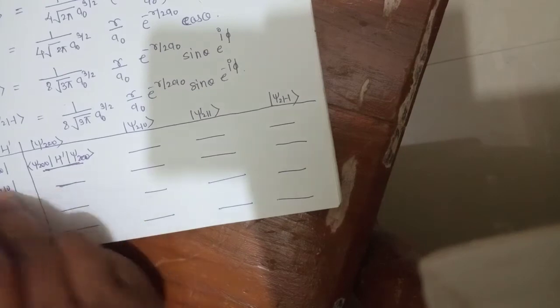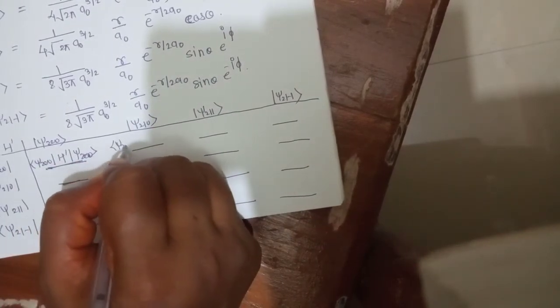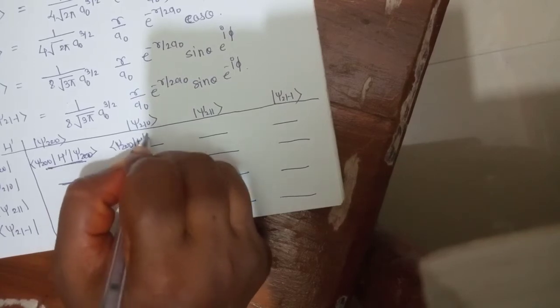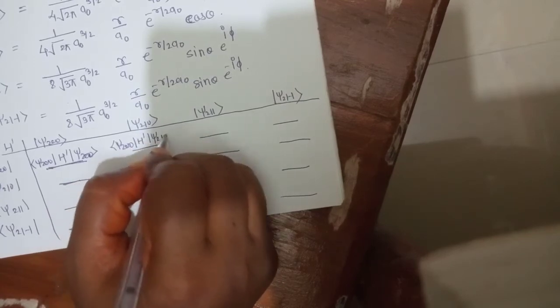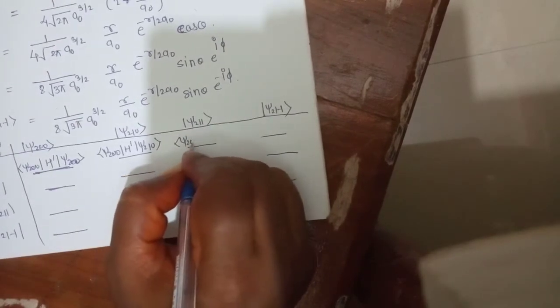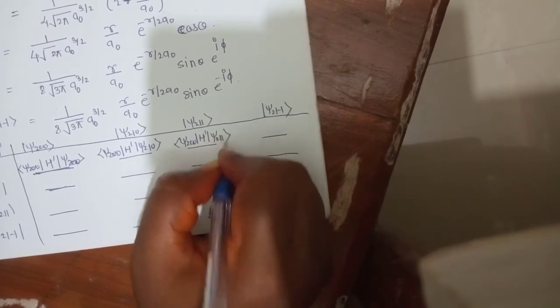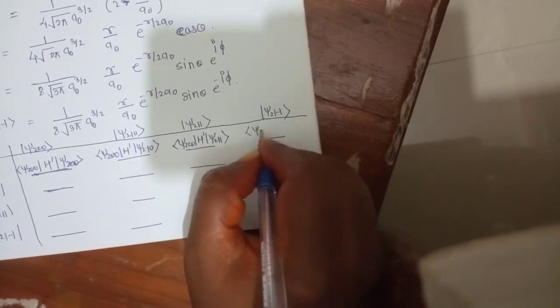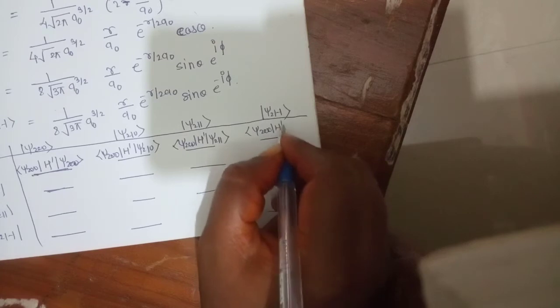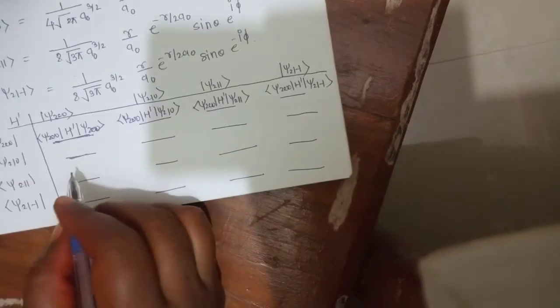First row, second column: psi 200 H prime psi 210; then H prime psi 211; psi 200 H prime psi 21 minus 1.